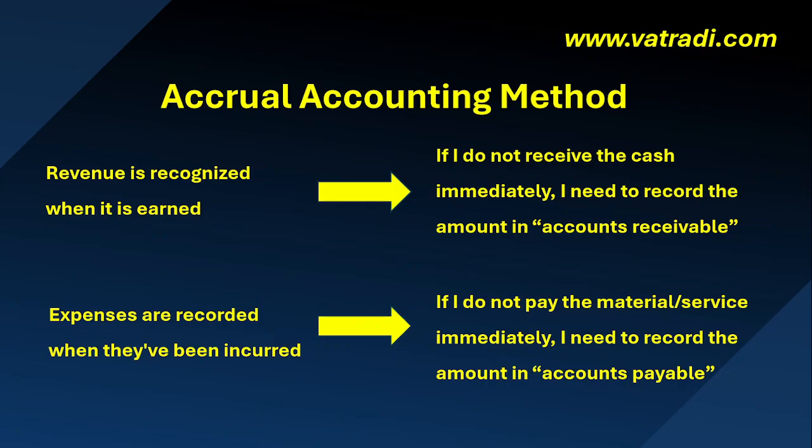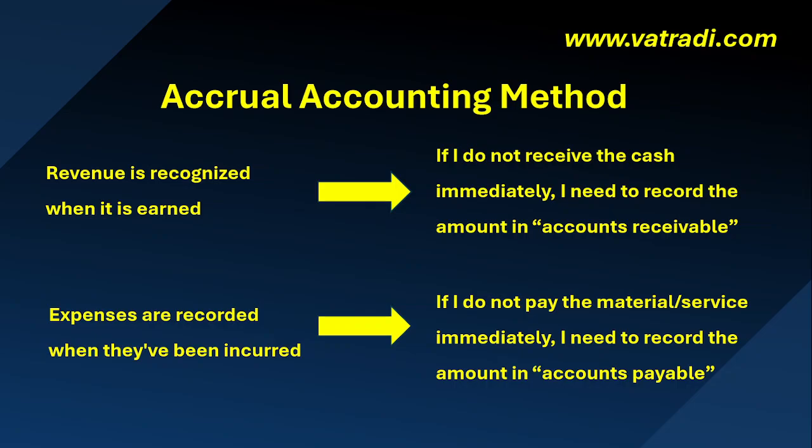And only from this example, you already understand that with the accrual accounting method, I start to have more information and a better understanding of the situation of my company, because I have an idea of the money that I will receive in the future and also of the money that I need to pay in the future.